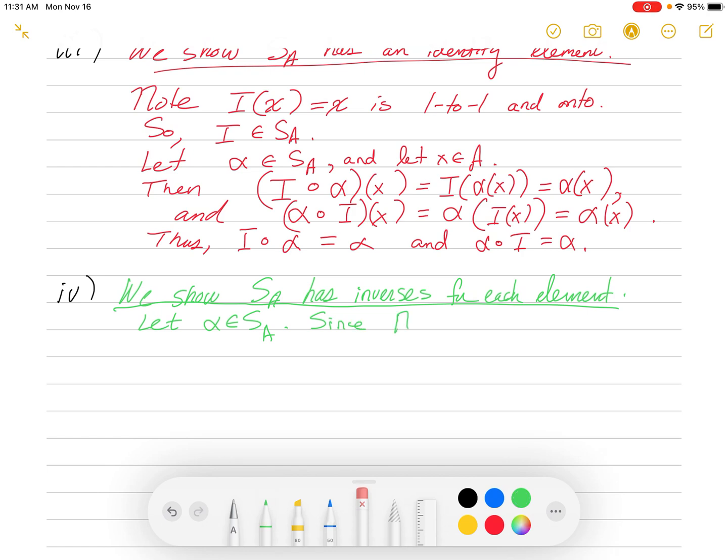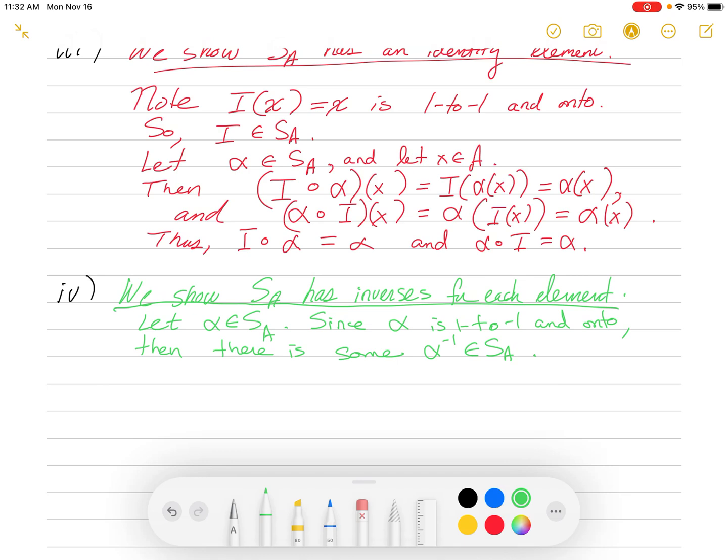Since alpha is one-to-one and onto, then there is some alpha inverse in SA. So one-to-one onto functions always have inverses.